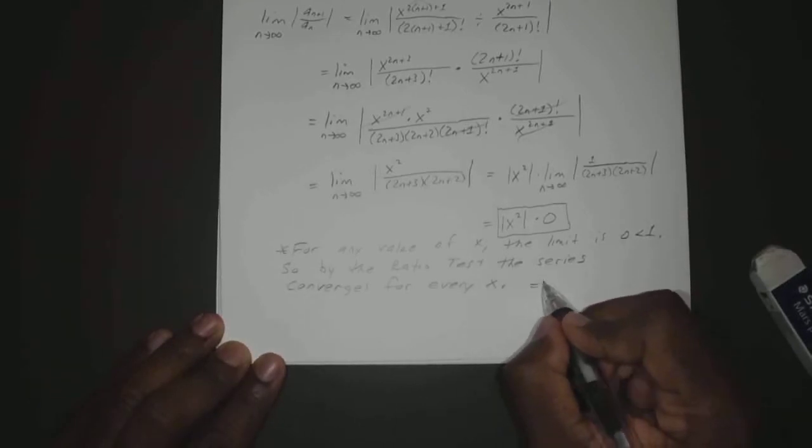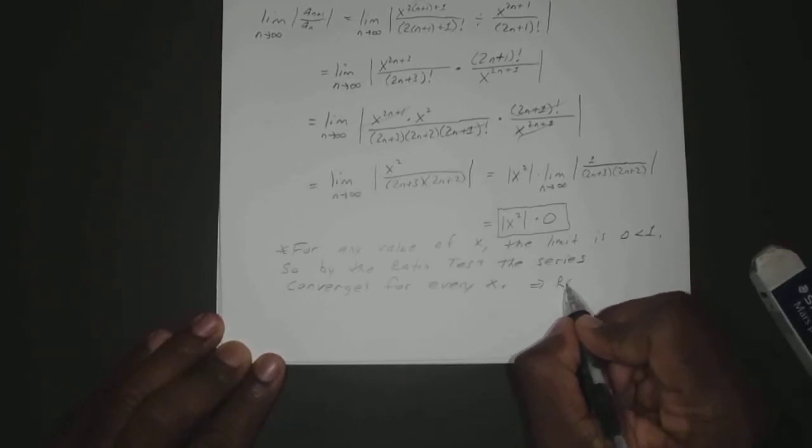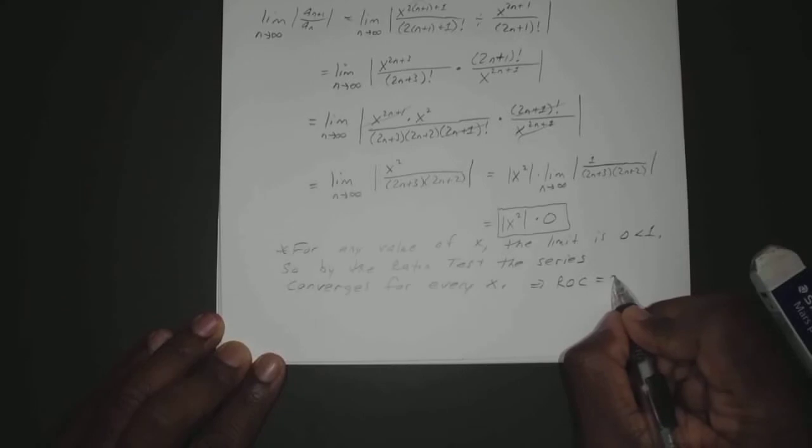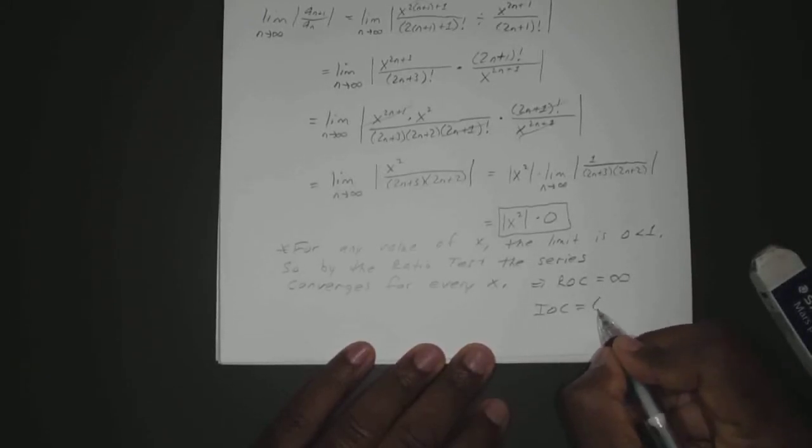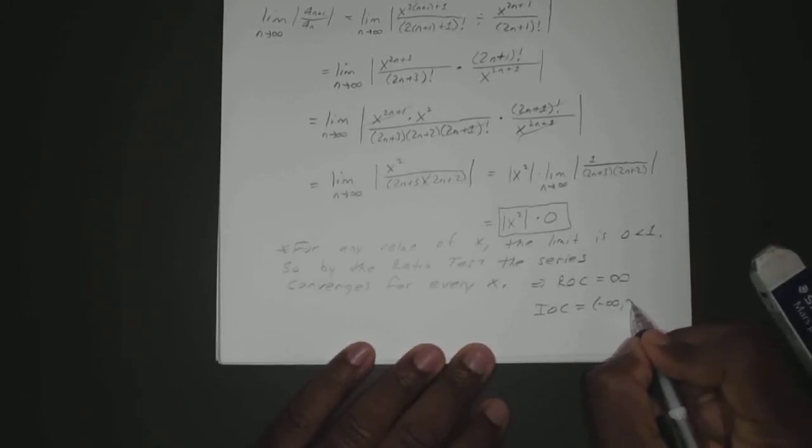Okay, so that means your radius of convergence is going to be equal to infinity. And your interval of convergence is going to be from negative infinity to infinity.